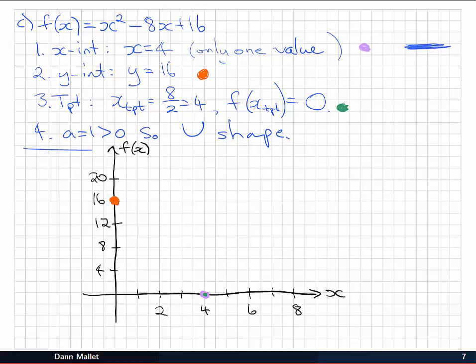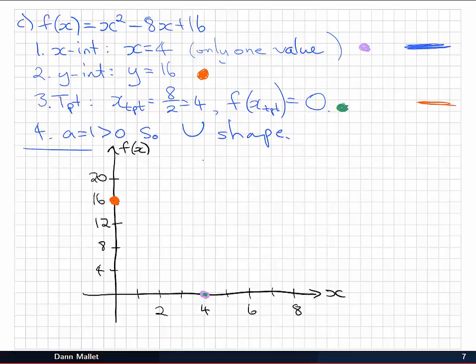Okay, so here's my graph setup. You'll notice most of the action here is going to occur in the positive quadrant. So I've put my x-intercept down here, the purple dot, the y-intercept in orange. Now again we're complicating things because the turning point is exactly the same as the x-intercept, so there it is sitting on top. We've only got 2 points here to tell us what to do.